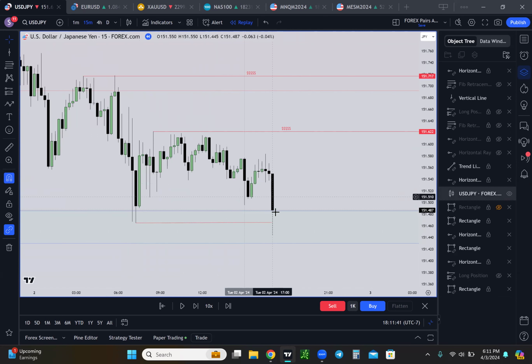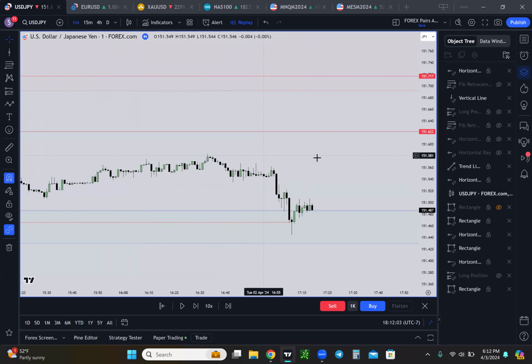Okay, now it reached all the way in there, but the candle did not close. It did not close below this low. Okay, so if I saw this candle close lower, like if the close was down here, then I would think that there's more downward. But because price has reacted, I'm thinking a turn is about to happen.